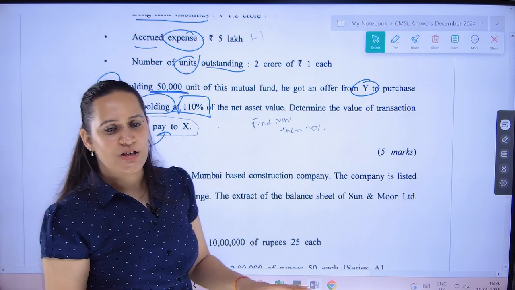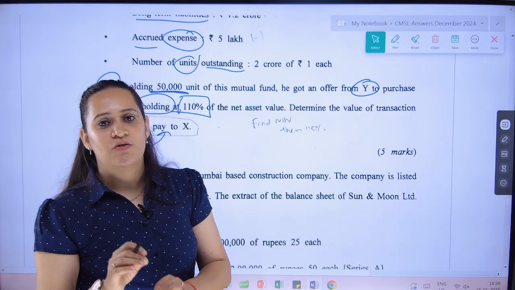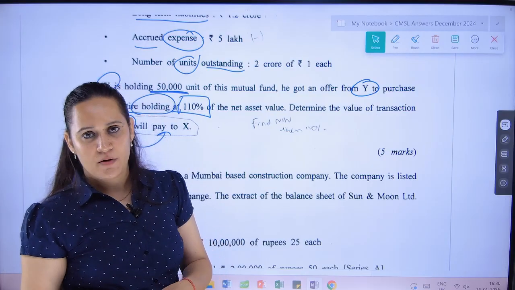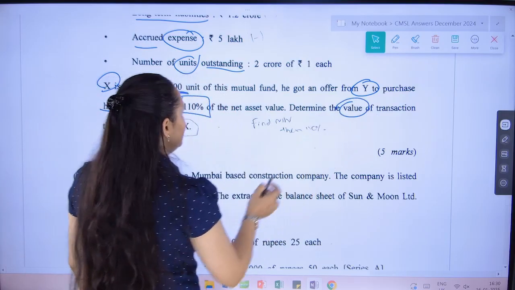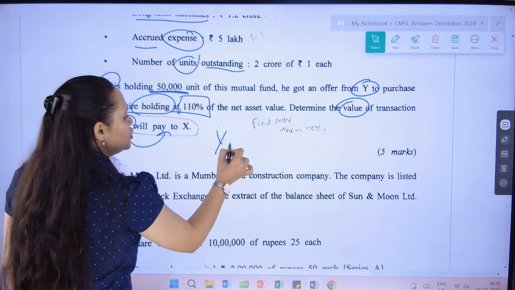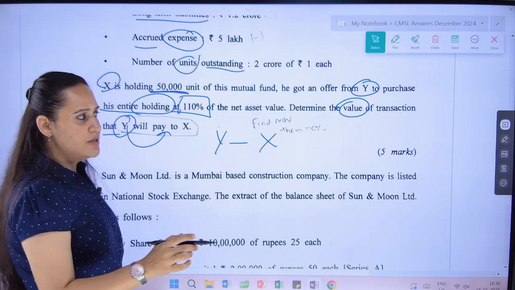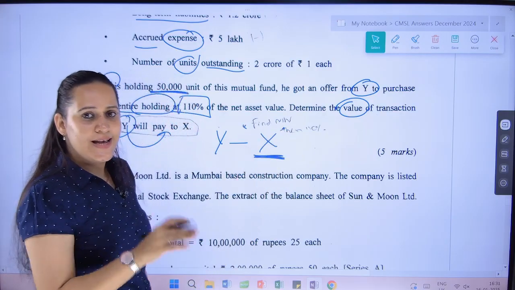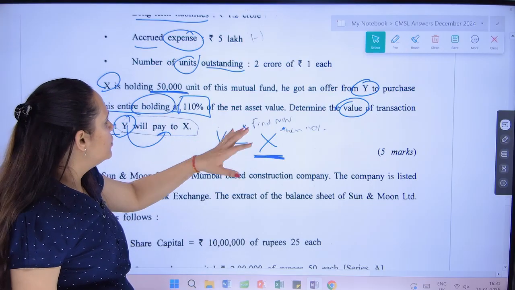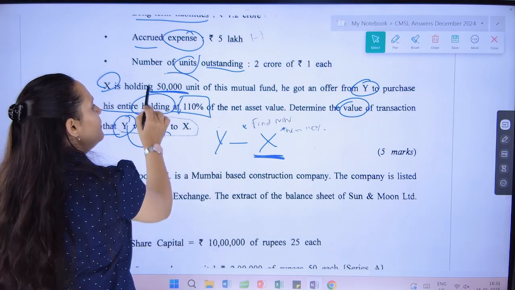So it is a direct question based on net asset value from the mutual fund chapter. Here what have they asked you? They have asked you to determine the value of transaction that Y has to pay to X. What is the question here? X is actually the holder of the units in mutual fund. He has certain holdings, 50,000 units he holds, out of the mutual fund.